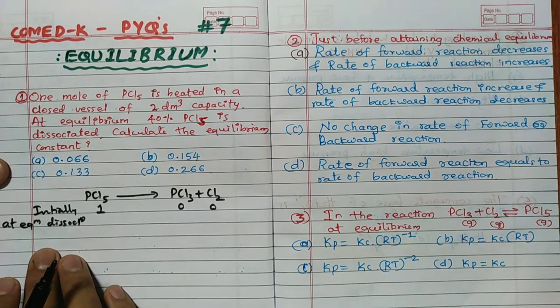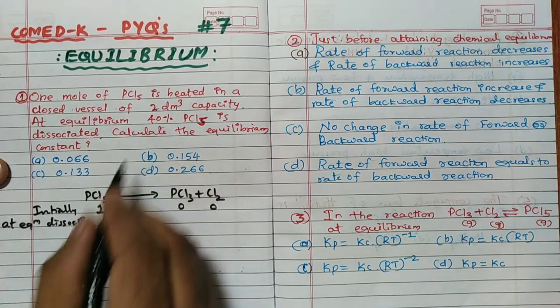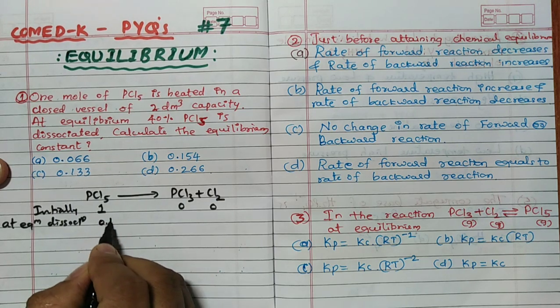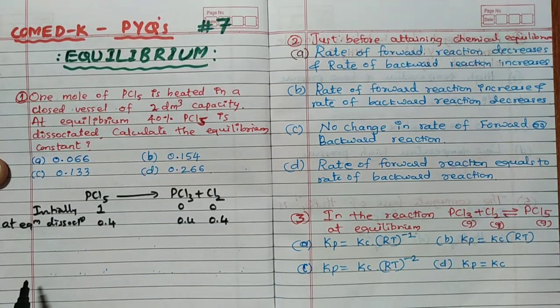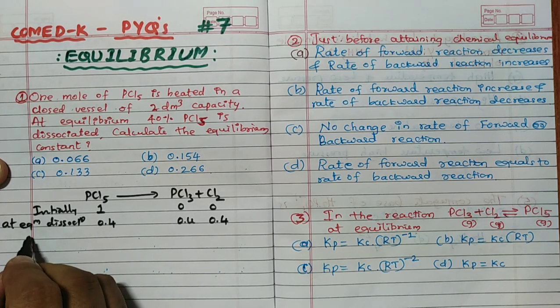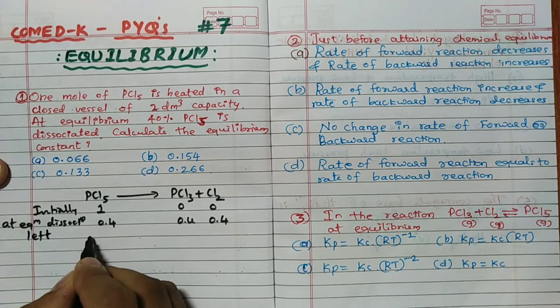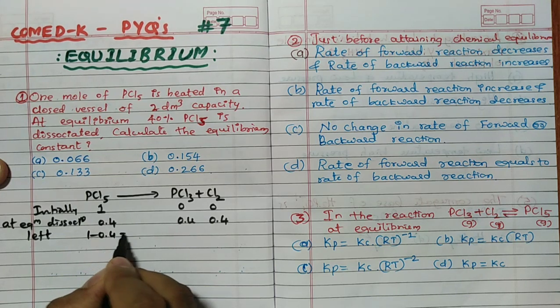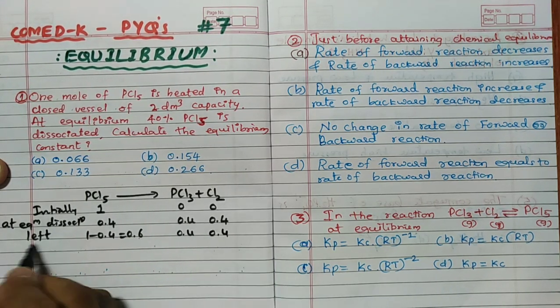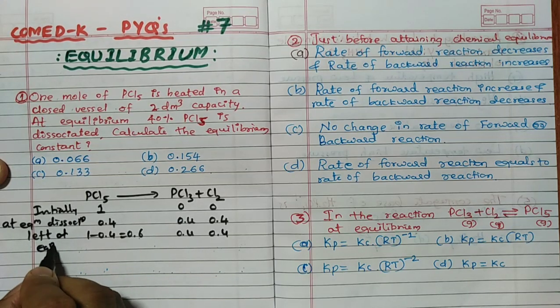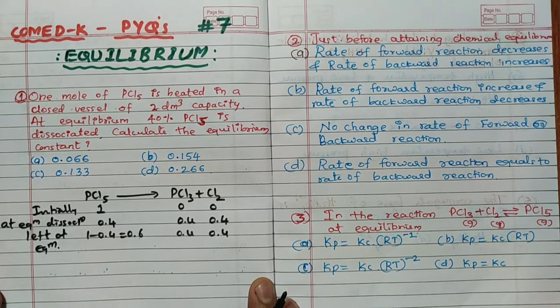At equilibrium, dissociated is 40%, which means 40% of 1 is 0.4, correct? The same amount is going to form here and here. The left out concentration is 1 minus 0.4, which is 0.6, and 0.4, 0.4 is left at equilibrium.